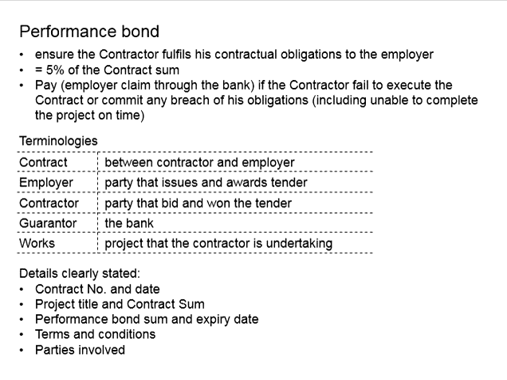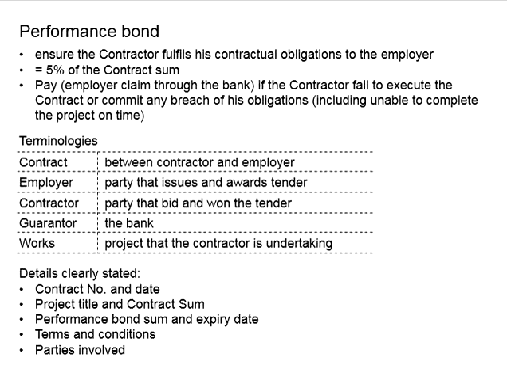This shall involve another third party, which is the bank. The contractor will liaise with the bank, prepare the performance bond, and make it known to the employer. In the case that the contractor fails to execute the contract or commits any breach of his obligations, this includes the contractor being unable to complete the work on time, whatever loss suffered by the employer can be claimed from the performance bond.